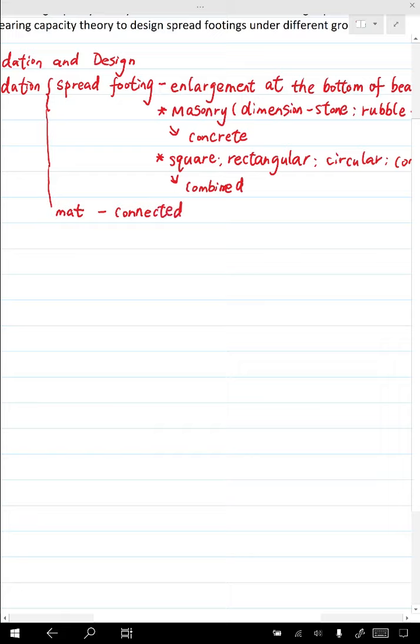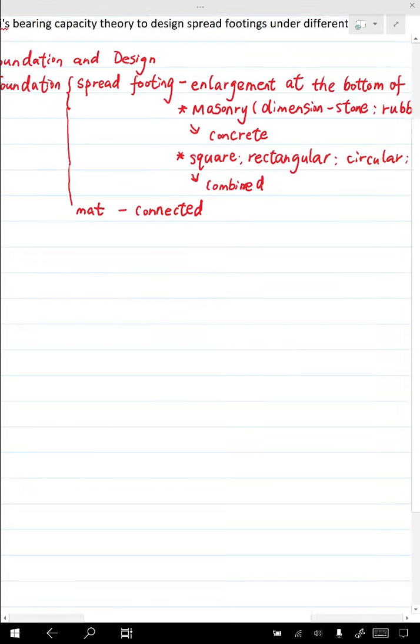They're connected. Usually, they are wide, but they're thinner than spread footing. The design philosophy, the geotech part of the design for spread footing and mat, is very similar. But for the structural part, we will have some extra structural analysis for the mat foundation to make sure that the mat foundation will not break because they're wide and not as bulky as the spread footing.